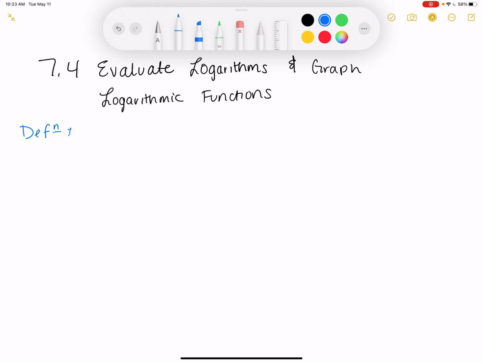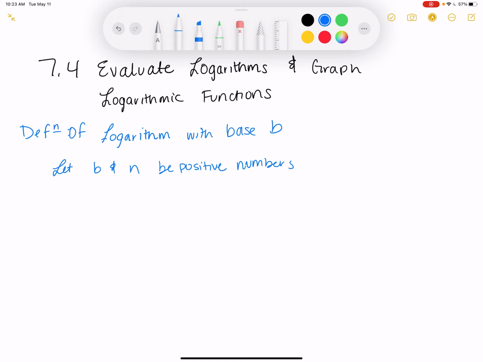The definition of a logarithm with base b. Let b and n be positive numbers with b not equal to 1.